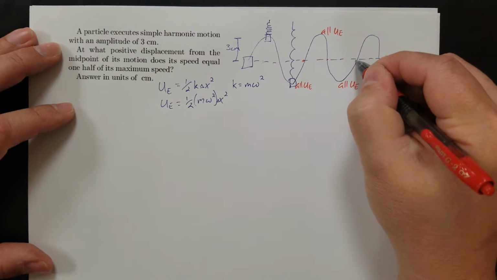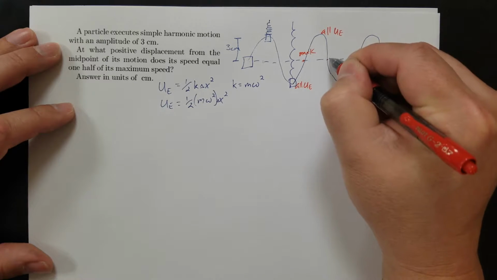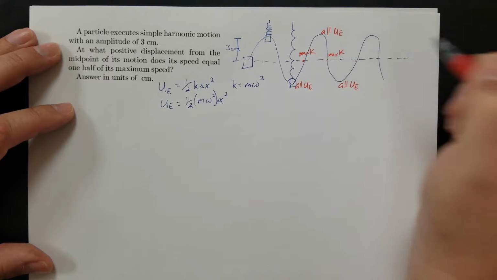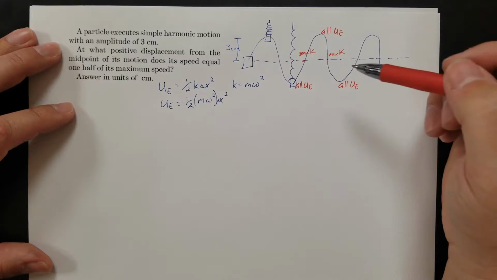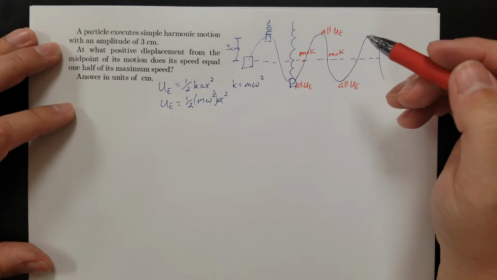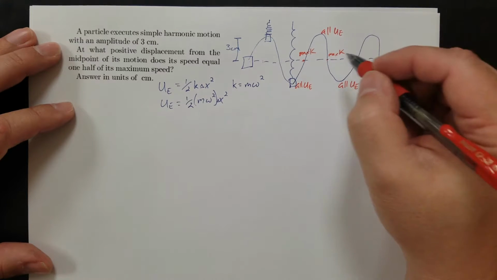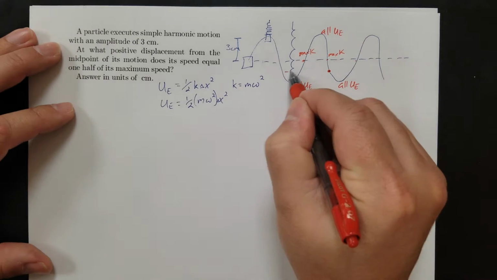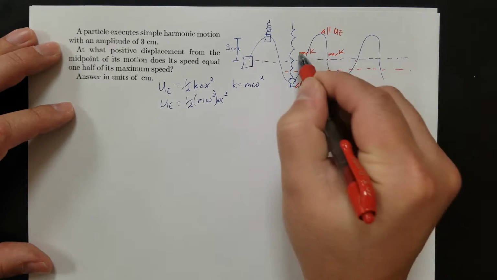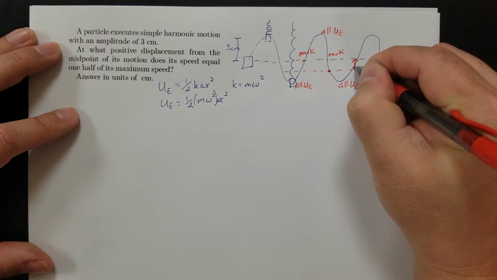This is where it's max kinetic, and this is where it's max kinetic. And at some point, you're going to have a combination of potential and kinetic. So that's going to be somewhere around here. This is the point we're looking for. Maybe it's right here, and there would be another one up on top, because it's harmonic motion.